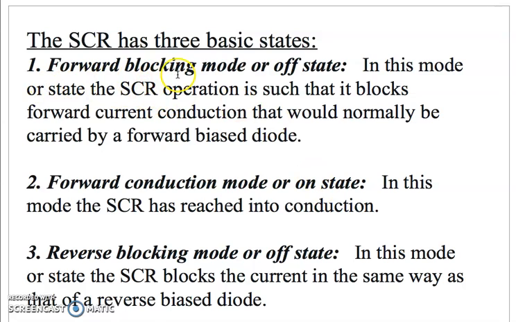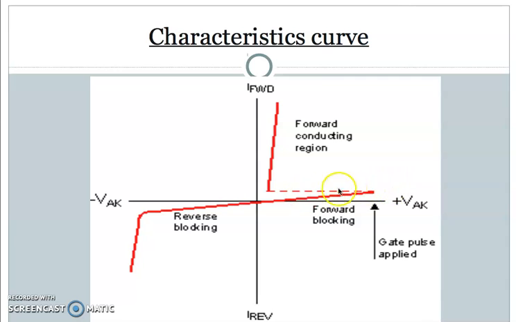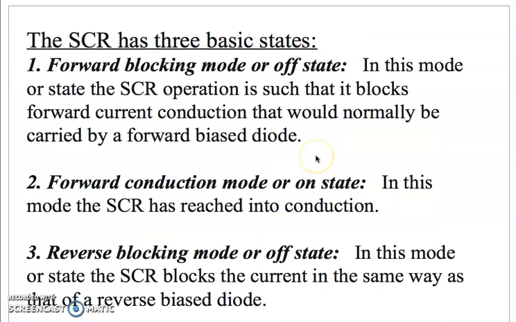After that, we have one more mode, forward conduction mode. In this mode, after applying a certain gate current, the SCR moves to conduction. After that, a huge anode current flows, and this region is referred to as the forward conducting region. So this is forward conduction mode.